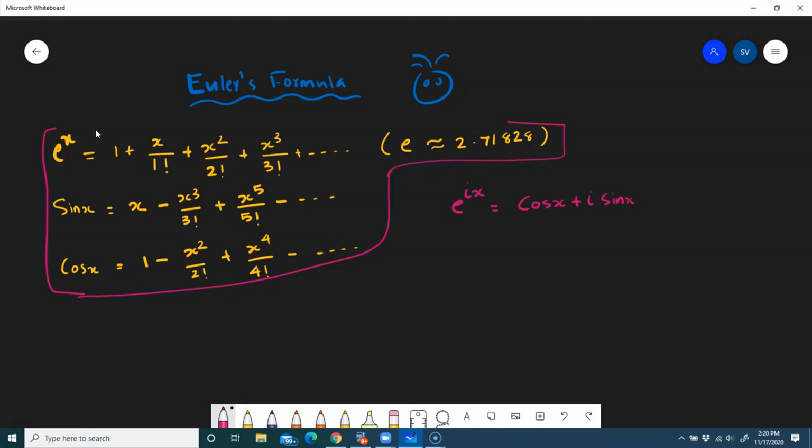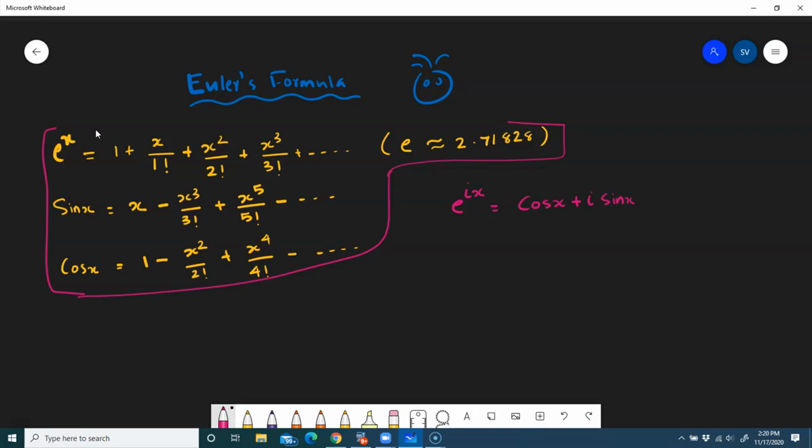We are using Euler's formula to connect trigonometry and complex numbers.